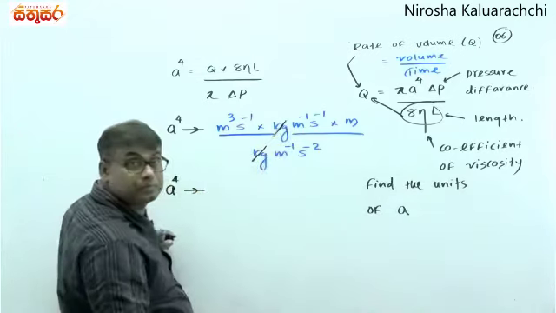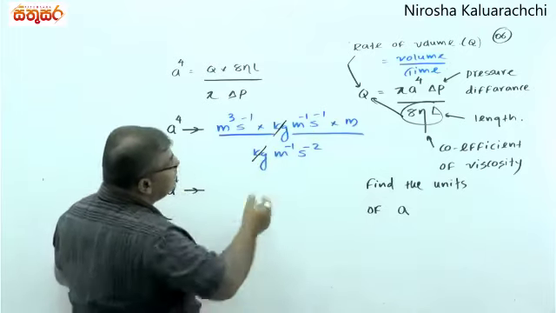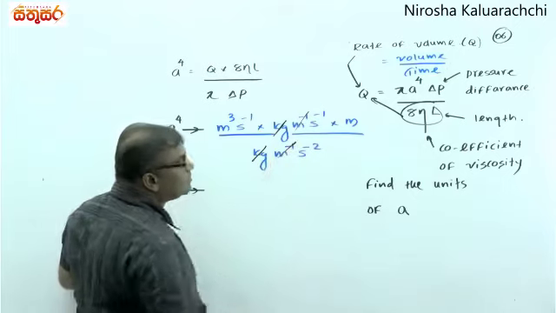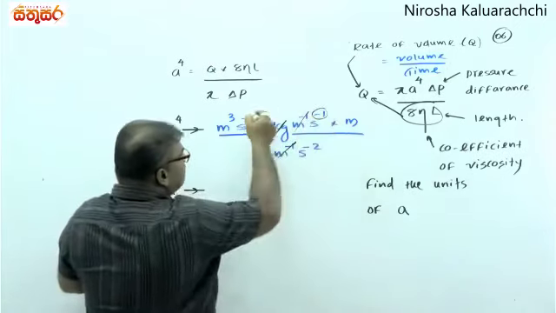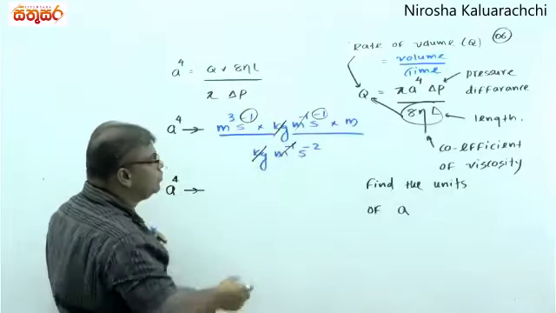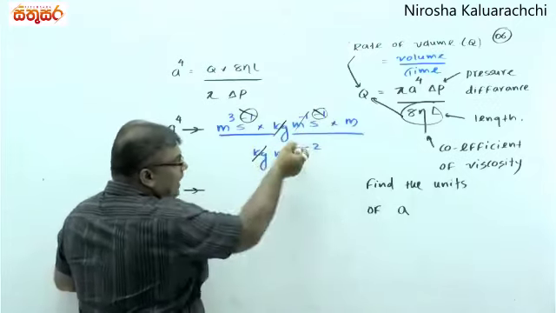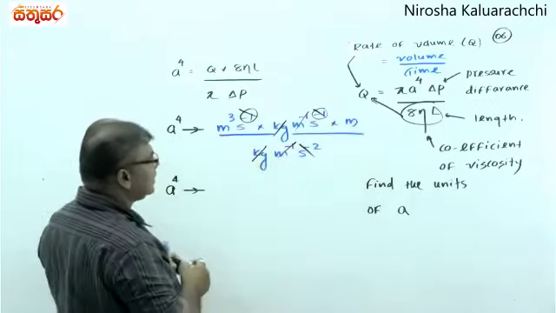kg cancel, right? Next, meters minus 1 cancel. S minus 1 coupled together, S minus 2. Those two cancel with denominator S minus 2. See again.